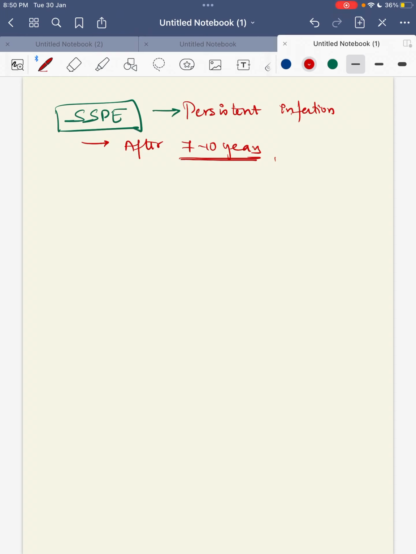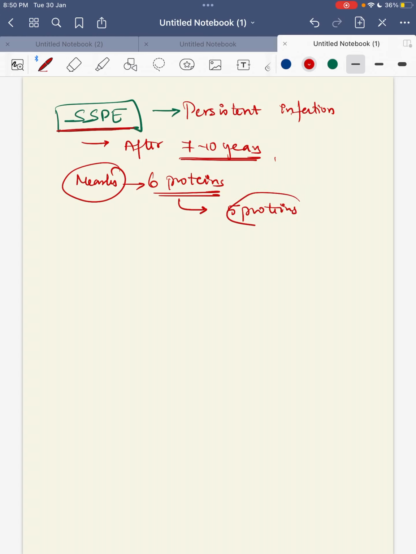Here, the virus has regained virulence and it attaches to the cells in the CNS, and it can cause symptoms of encephalitis. Actually, the measles virus has around 6 proteins. But during SSPE, the measles which has persisted in the patient will undergo mutation and will have 5 proteins.